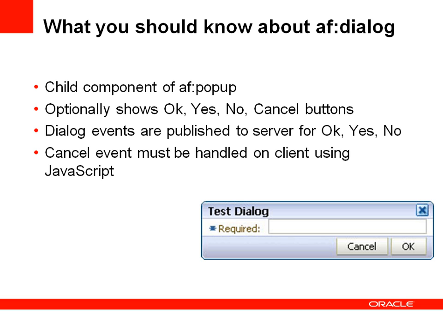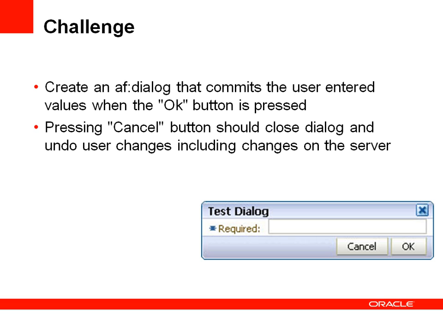Events that are published to the server include those of pressing the OK, yes or no button. However, if you press the close icon or the cancel button, this event must be handled on the client, and there it has to be handled in JavaScript. Now here's the challenge. You have a dialog and the user can either press OK or cancel. If they press OK, you want to commit a change to the database.